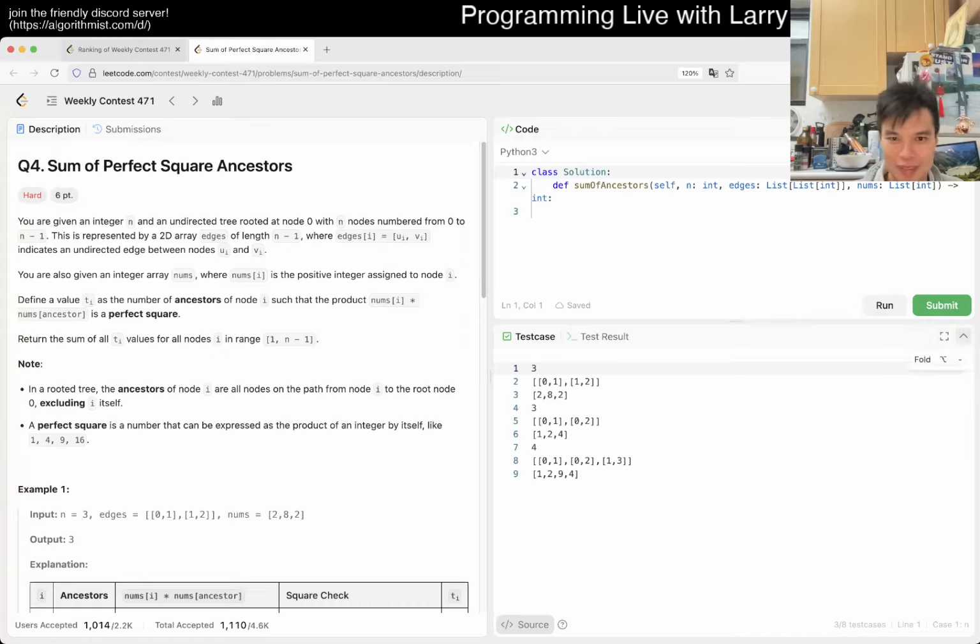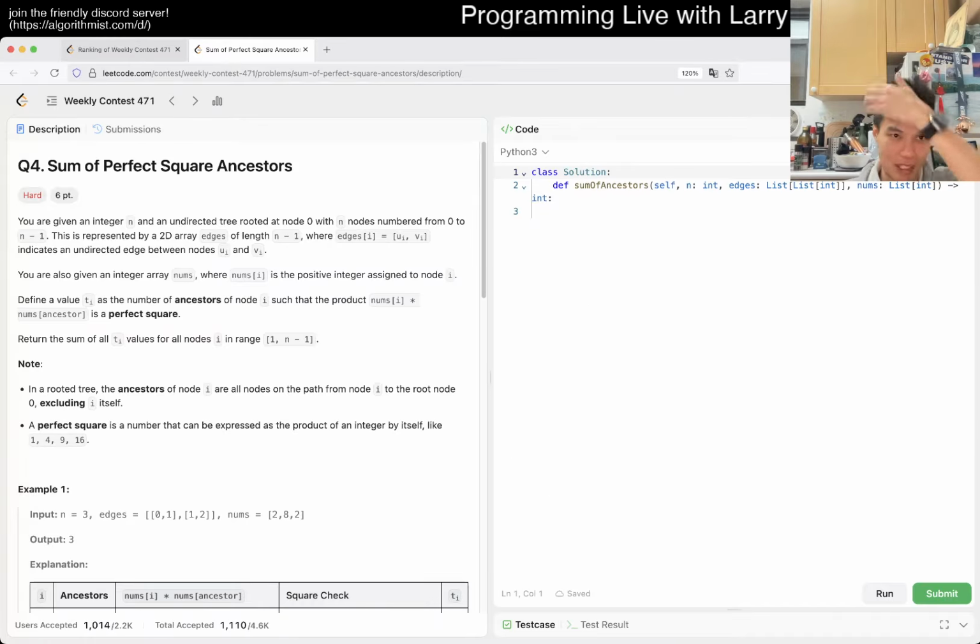Okay. Let's see. Sum of perfect square ancestors. Integer n, undirected tree rooted at node 0 with n nodes. Can't believe I got it wrong on the dumbest part. And I don't even need it, apparently. No, I guess maybe I do. I don't know.